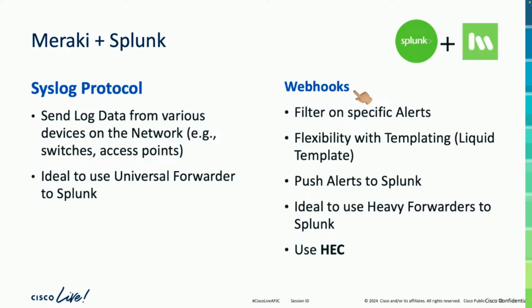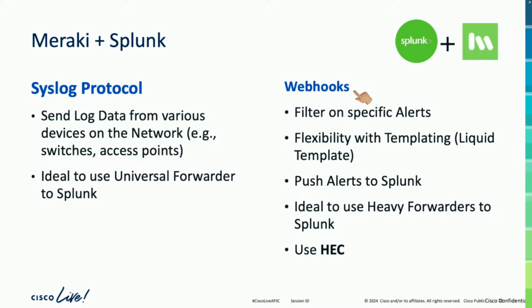The one that we actually want to do is the webhook configuration. So we're going to go in and filter on a specific webhook. One of the things you should know is that when you configure a webhook in Meraki, you have to configure a template. Who's familiar with Jinja 2 templating here?